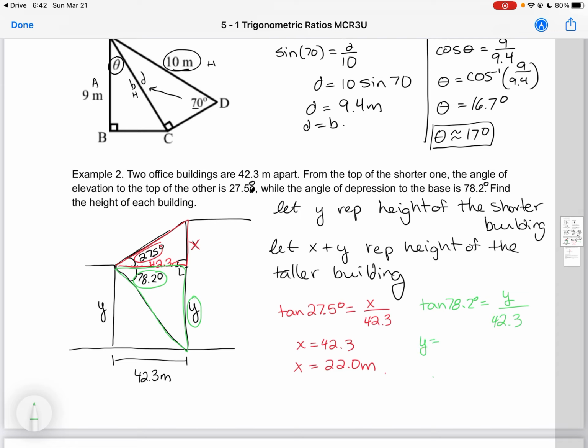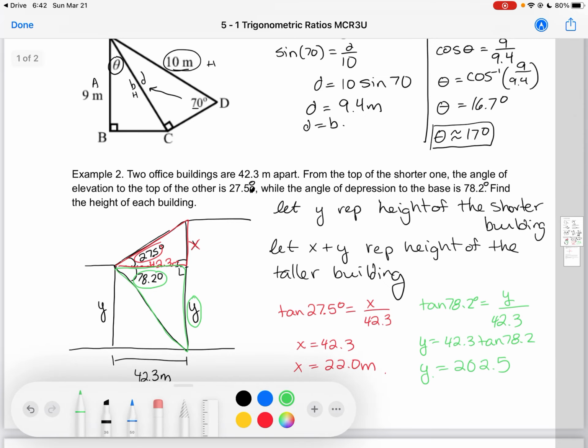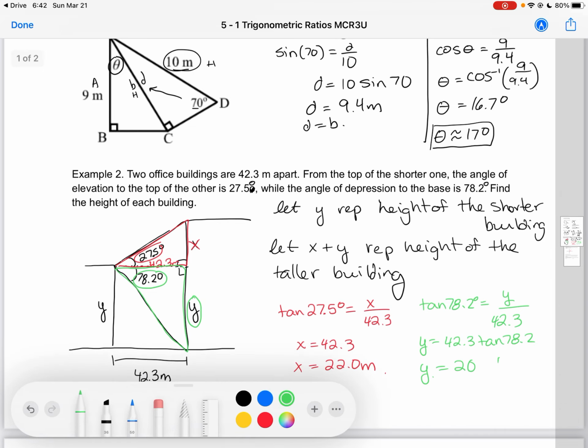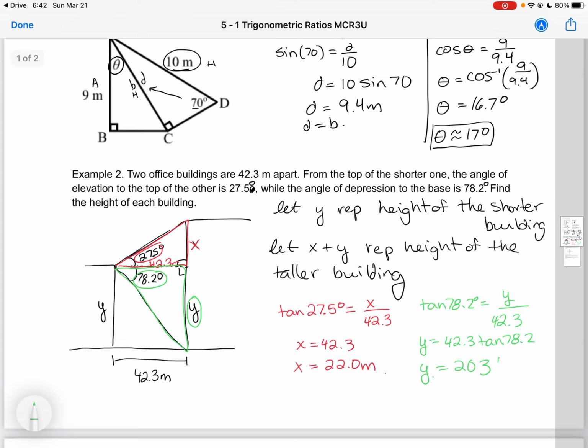Solving for y is going to give me 42.3 times tan of 78.2, which is going to give me approximately 202.5. So let's round that to 3 significant figures, which is 203.